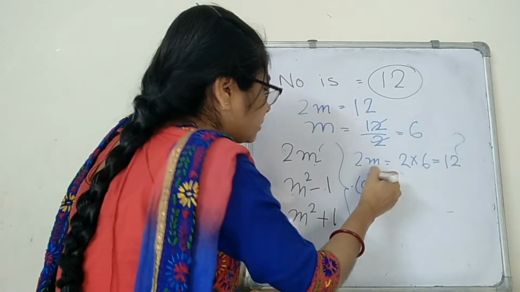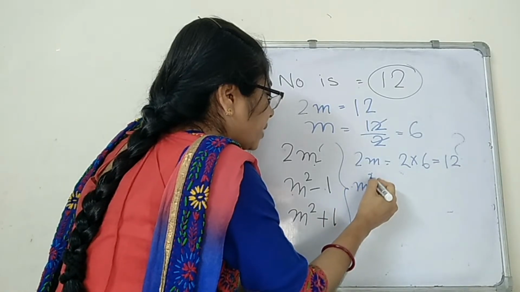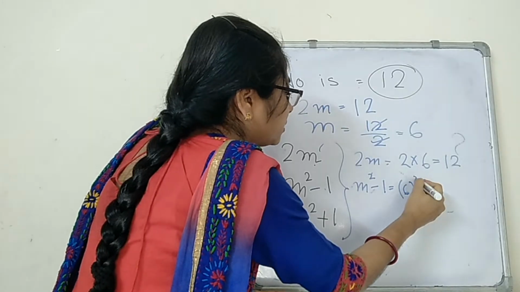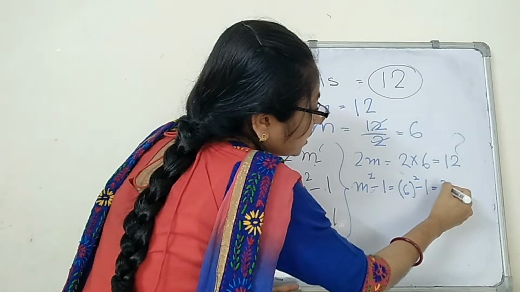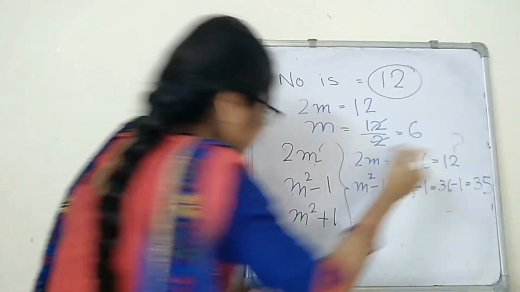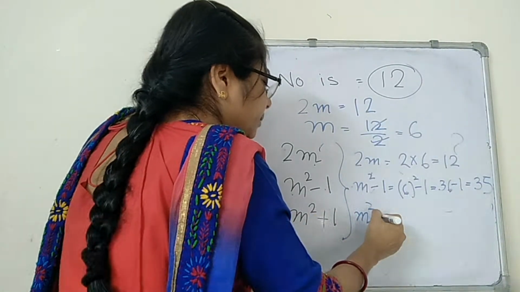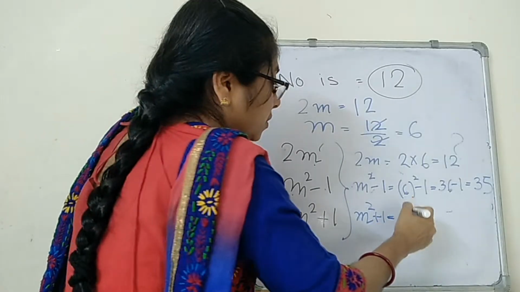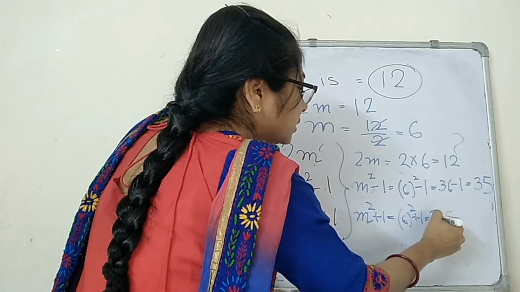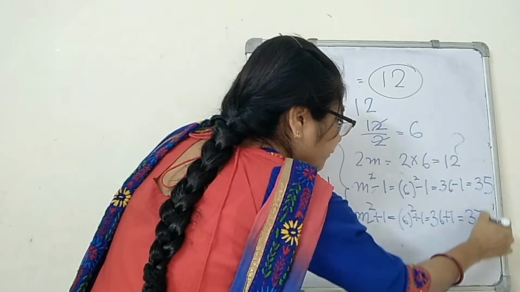M square minus 1. M means 6, 6 square. Now first I write the formula. M square minus 1 means 6 square minus 1. 36 minus 1 means 35. Next, m square plus 1. 6 square plus 1. 36 plus 1, 37.